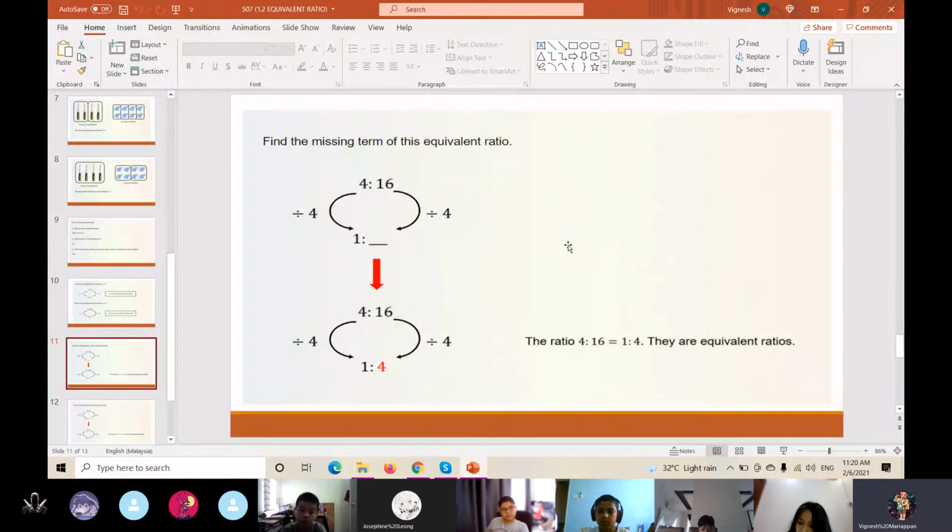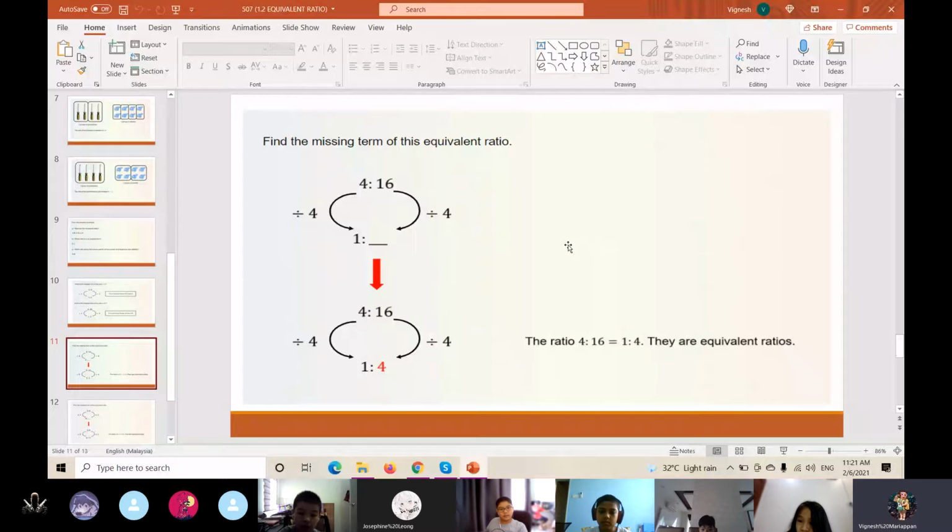So 16 also must be divided with 4. So what is the missing number there?